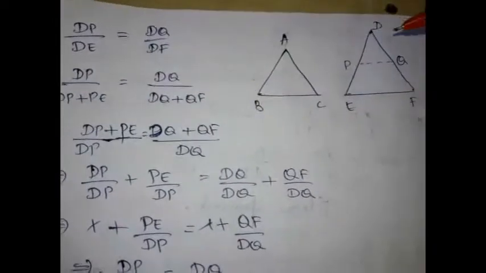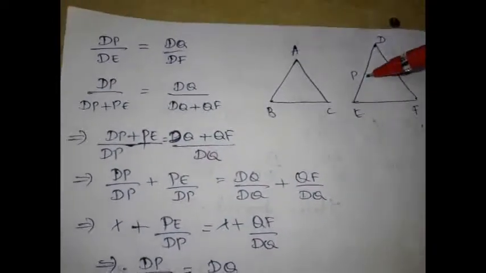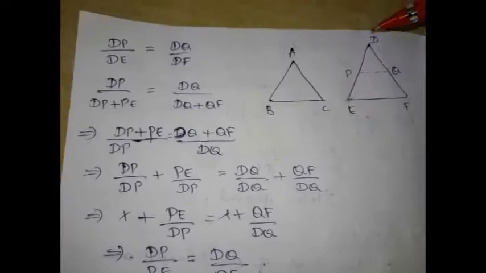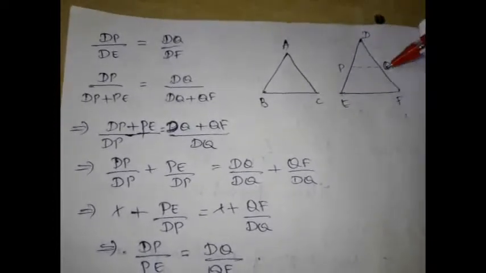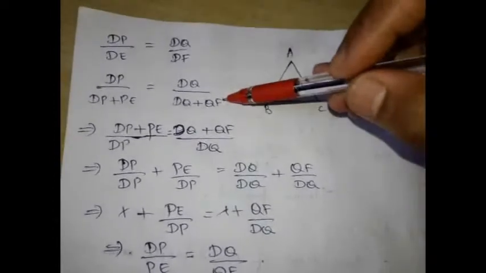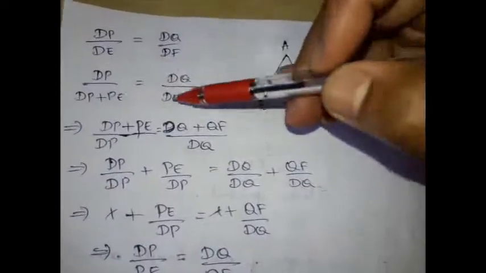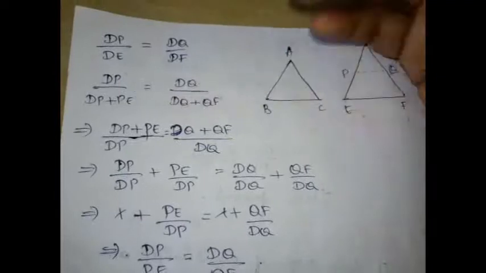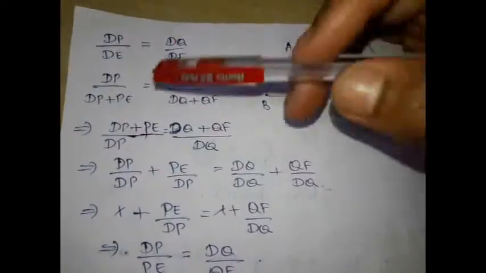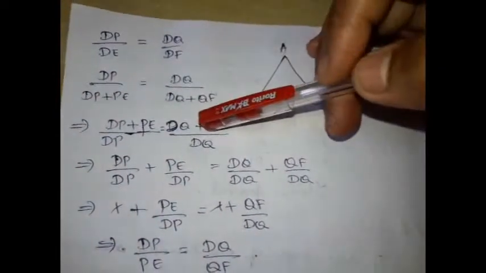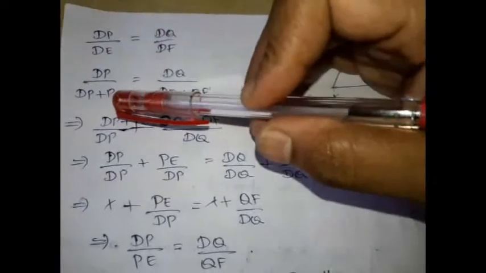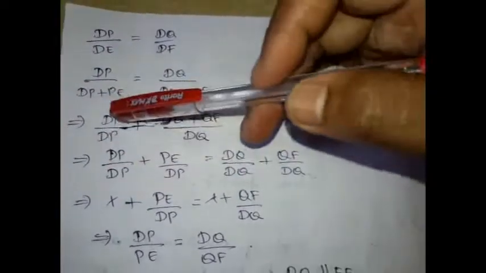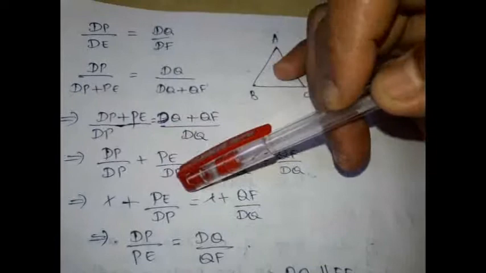Now DE we can write as DP plus PE. Similarly, DF we can write as DQ plus QF in the denominator. Now we are reciprocating it, because if we have a sum of two terms in the denominator, we cannot do anything, right? So make it the numerator, reciprocating on both sides. Now split the numerator, DP by DP plus PE by DP.